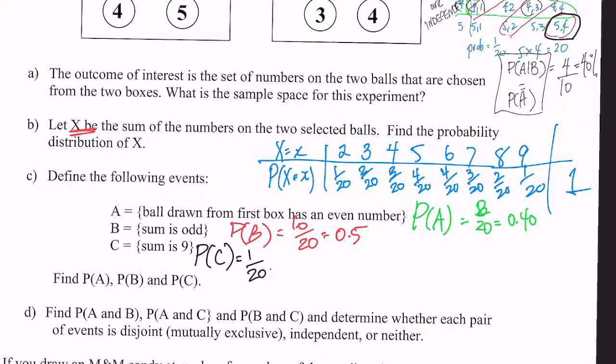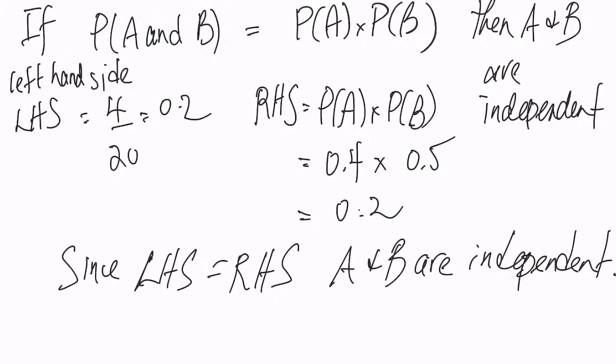Maybe I should put notes here. Oh, we have to actually find the probabilities too, right? So let's do that. A and B was 20%.